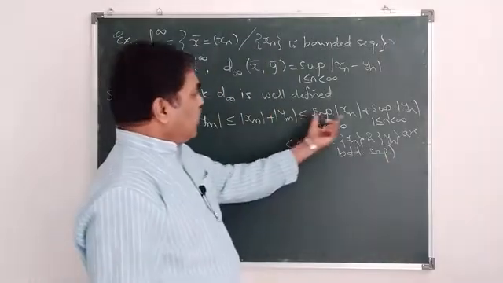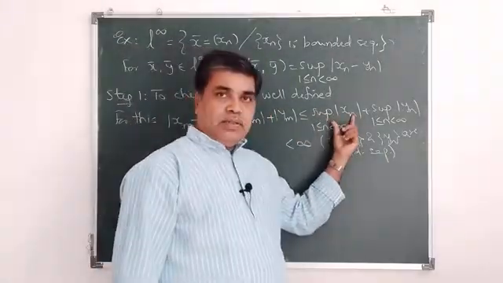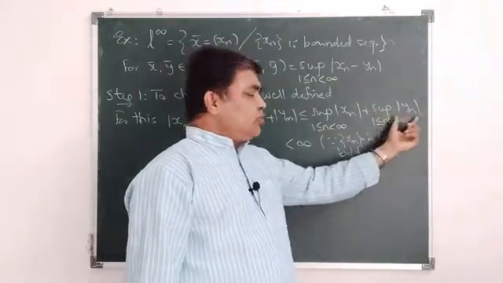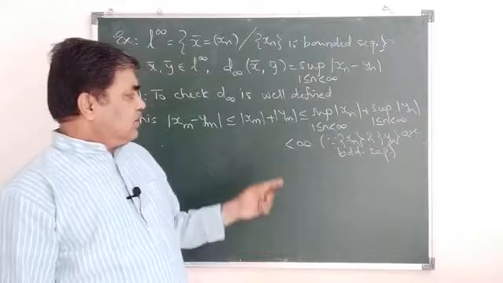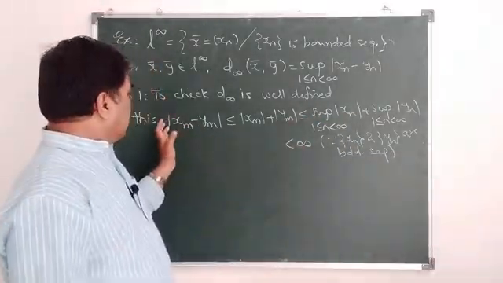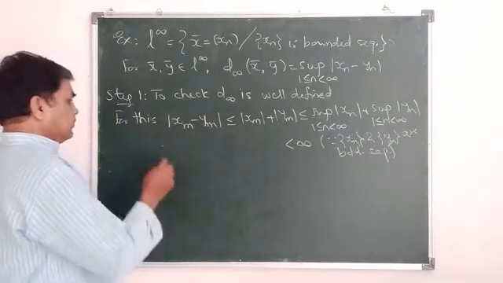Means supremum of mod xn is equal to some positive number m, supremum of mod yn is equal to m dash, exist, and their addition m plus m dash is greater or equal mod of xm minus ym.